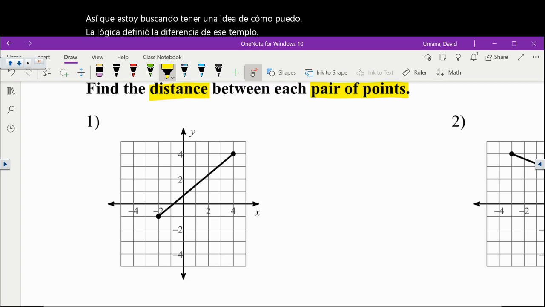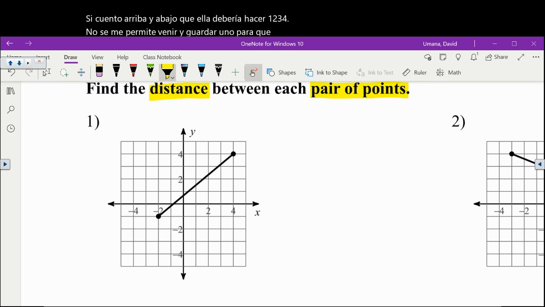I'll put it to you this way. If I were to count across, that's easy to do. 1, 2, 3, 4, etc. If I count up and down, that's easy to do. 1, 2, 3, 4, etc. But when I count diagonally, I'm not allowed to count diagonally and say 1, 2, like that.